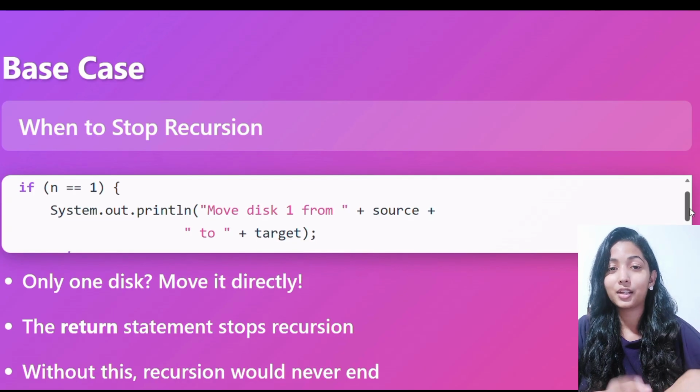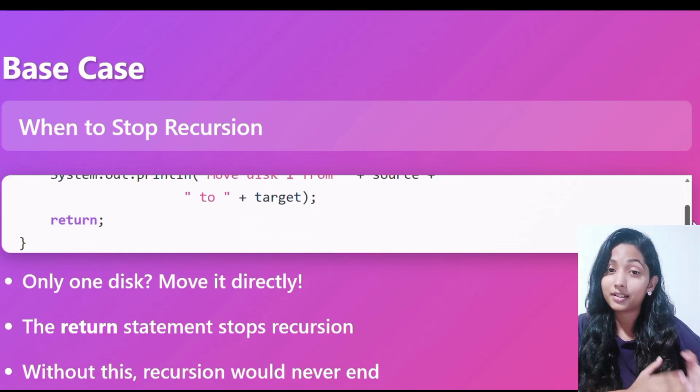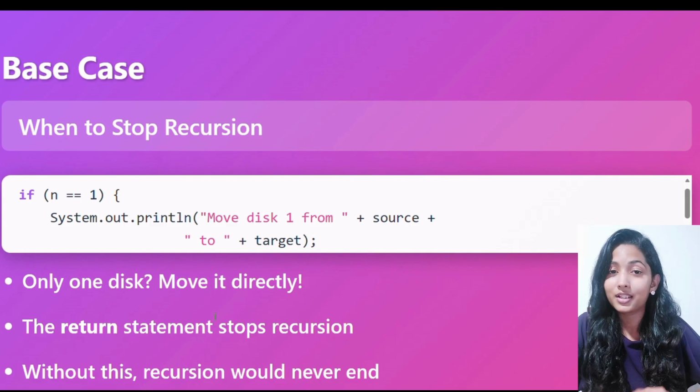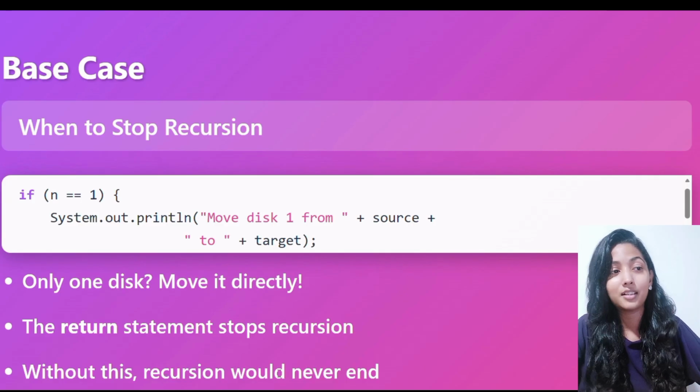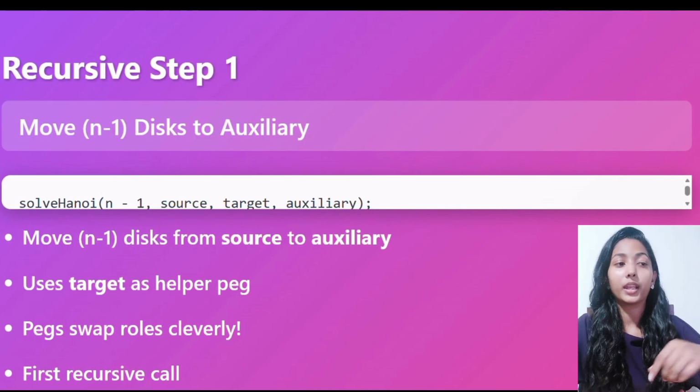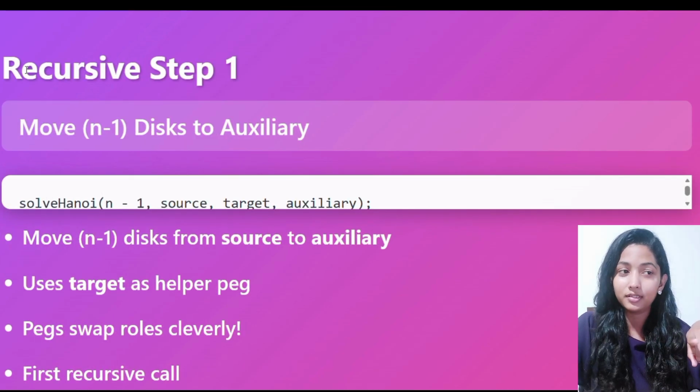The base case is if we have one disk, we can move it directly to the target peg. So this is what stops the recursion. Without this, recursion would never end. So we have to remember that we always have to use the base case when we do recursion.